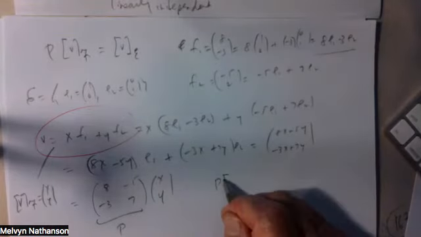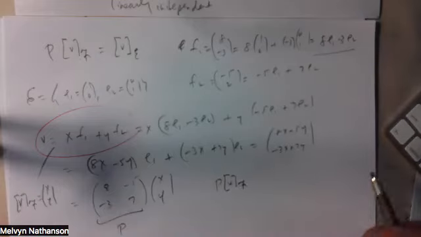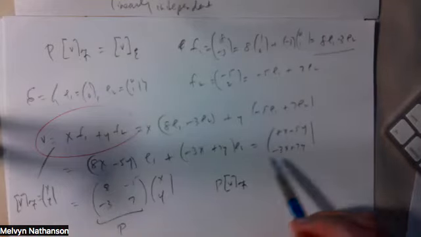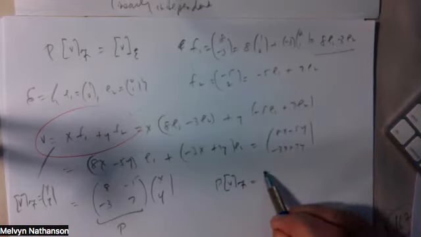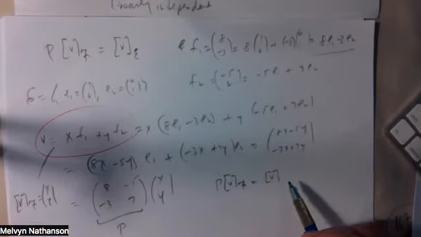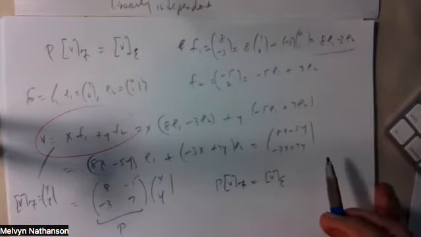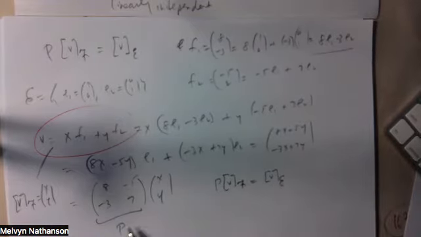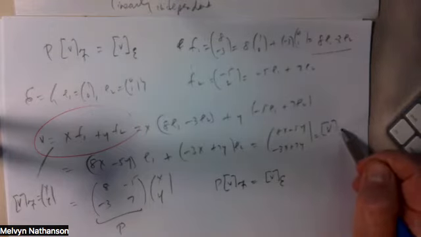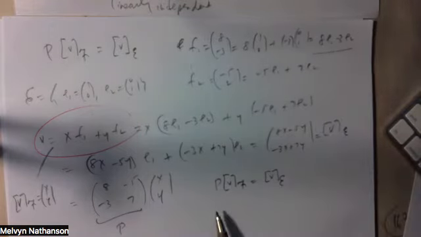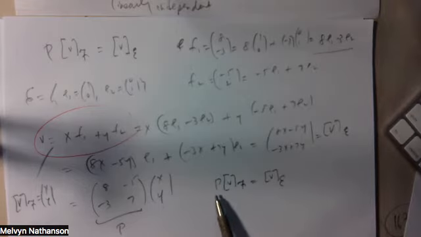So if I take the matrix P times the coordinate vector for V with respect to F, I get this vector, which is the coordinate vector for V with respect to E. If I multiply P times (x, y), I get this, and this is exactly the coordinates for V with respect to E. So that's what it means to say that P is a change of basis matrix.